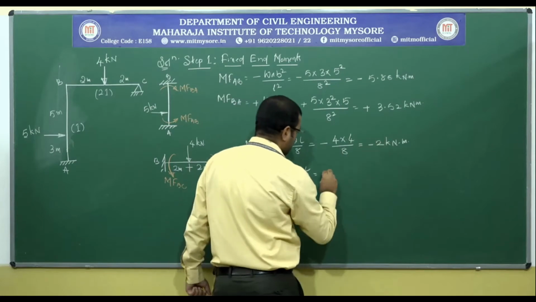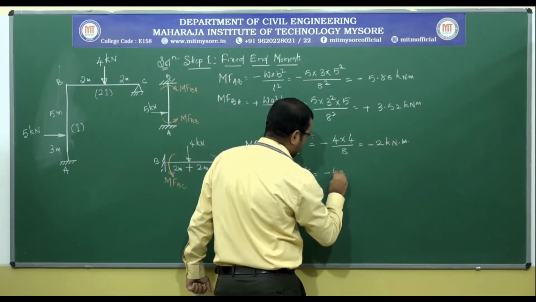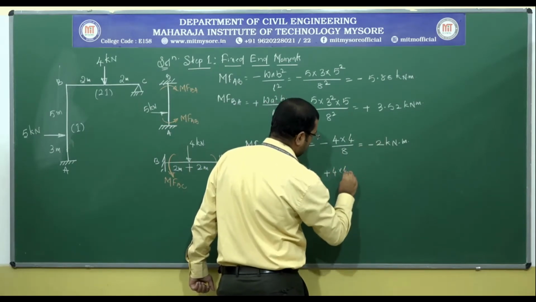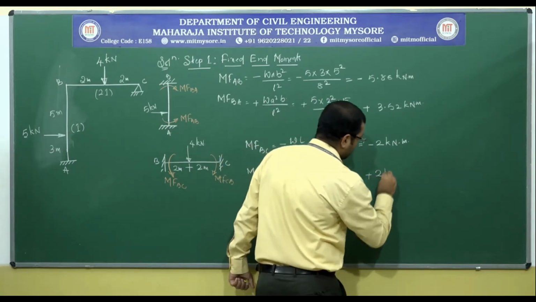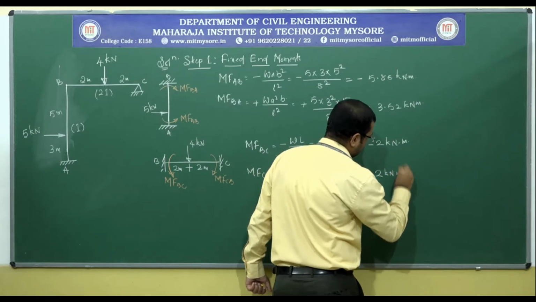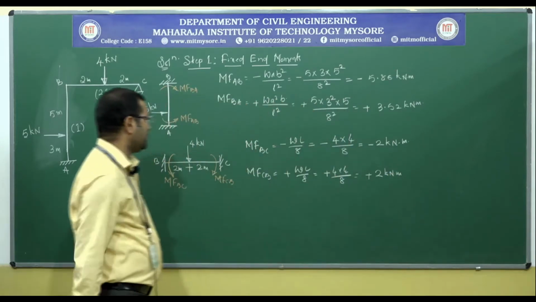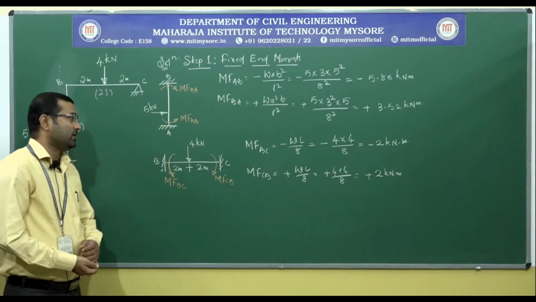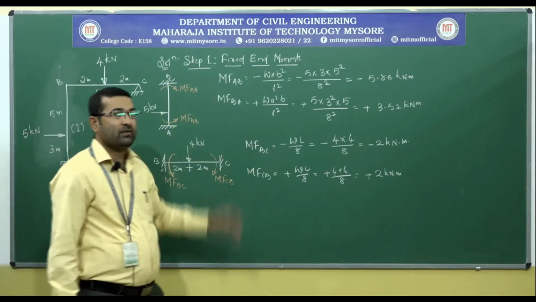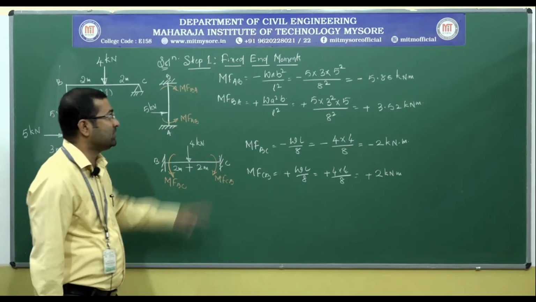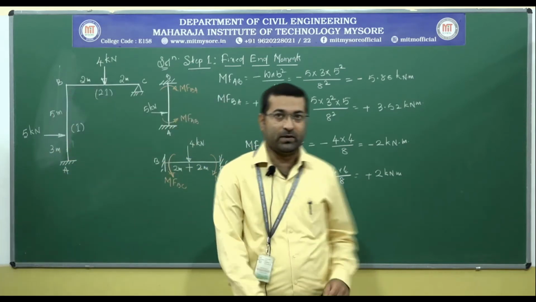So it is plus 4 into 4 divided by 8, so we'll get plus 2 kilonewton meter as the fixed end moment for the member BC, right. So these are the fixed end moments. This completes step number 1.